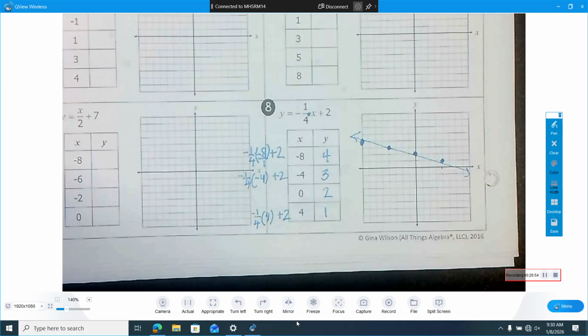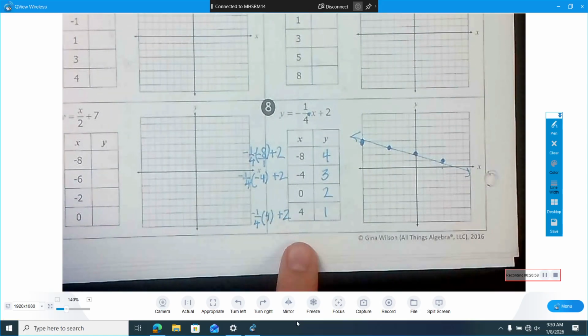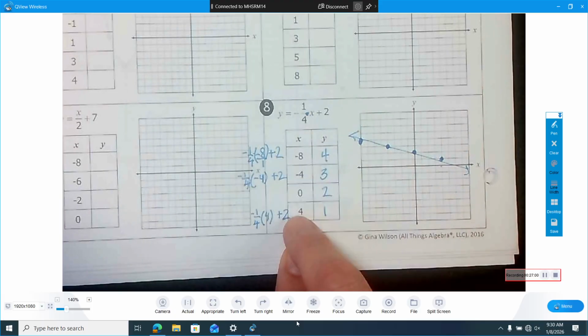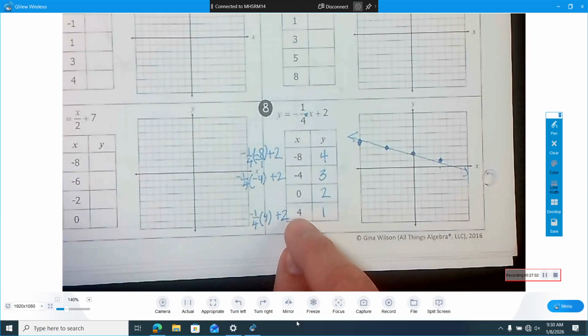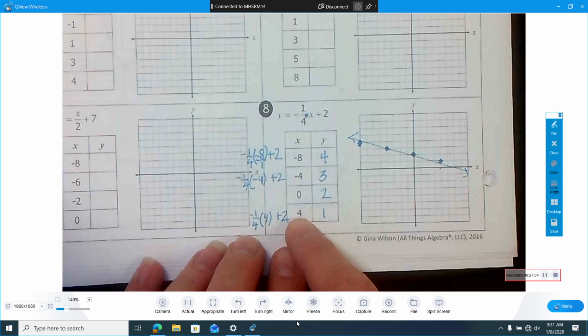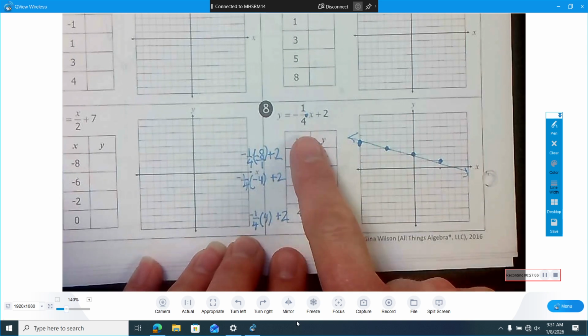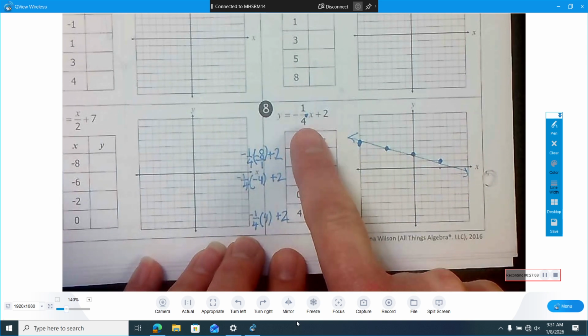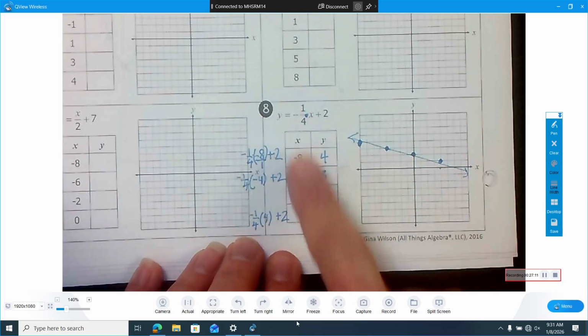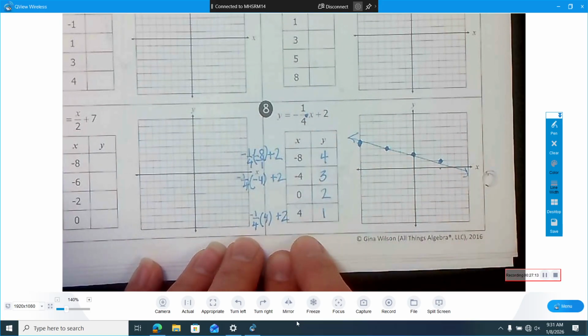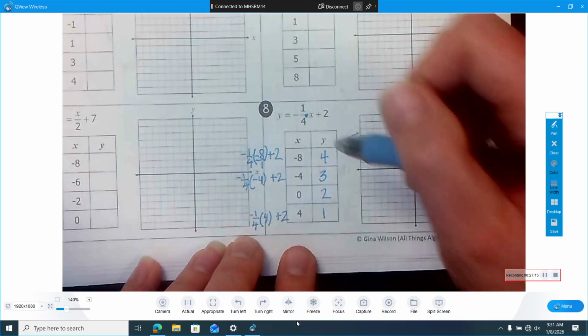All right, do you guys have questions for me? No. Okay. How come I chose these numbers for x? Because they're even, but also the denominator was 4, and all of these numbers are multiples of 4.